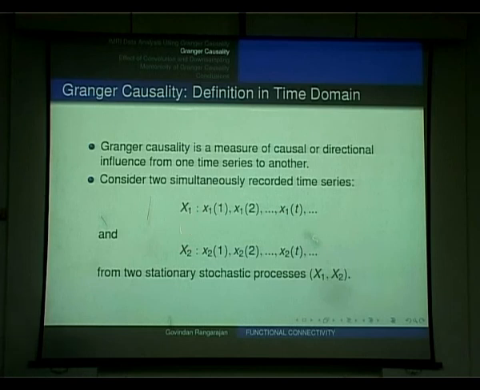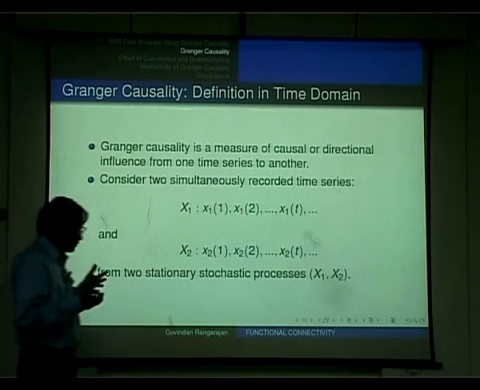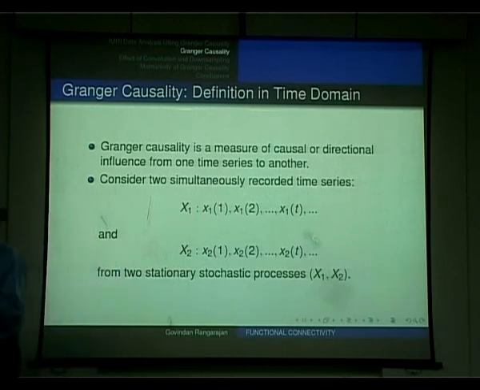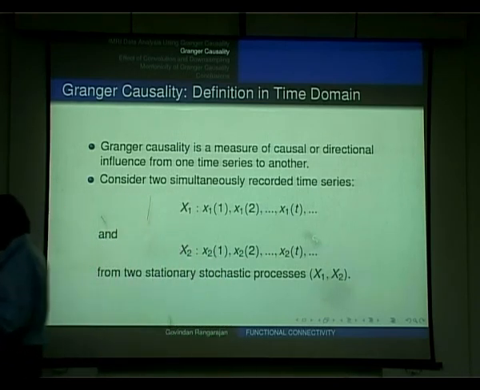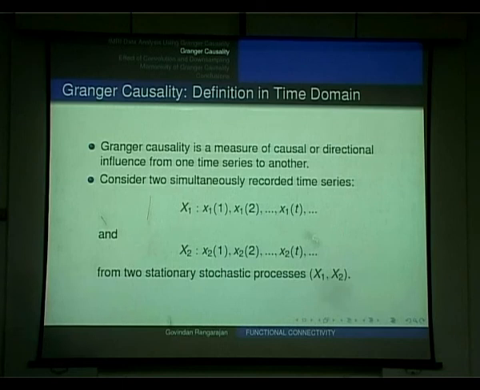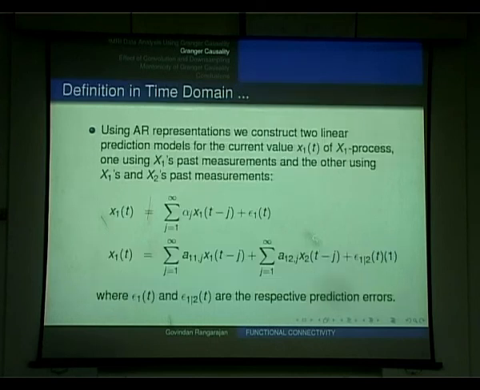The underlying mathematics is that, and don't worry if you are not familiar with these terms, you will treat these two time series as realizations of some underlying stochastic process. That is the underlying mathematics which goes into this concept.